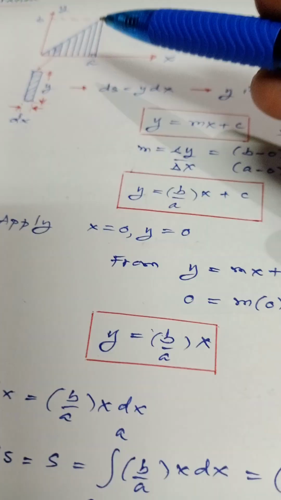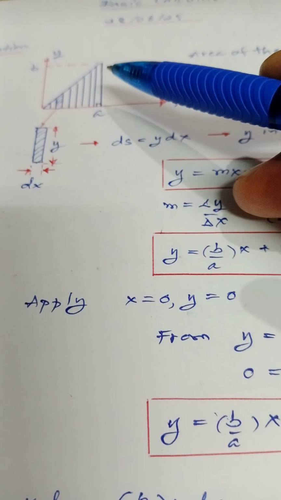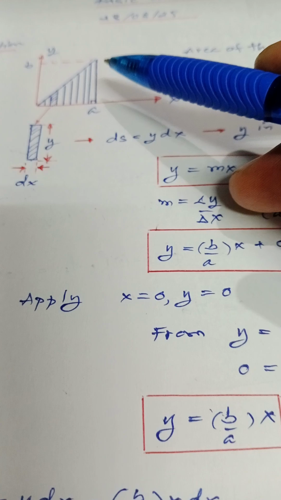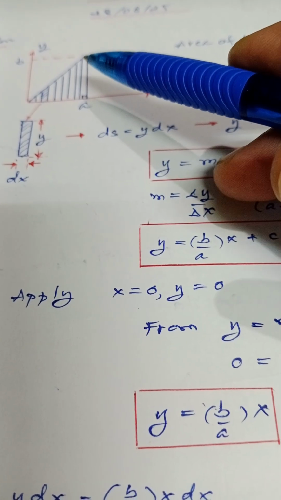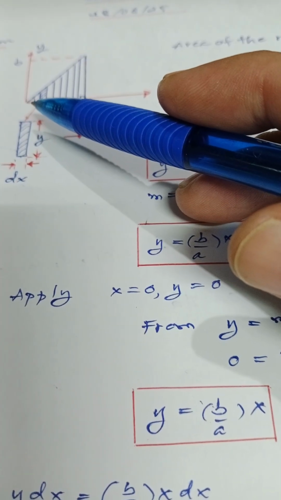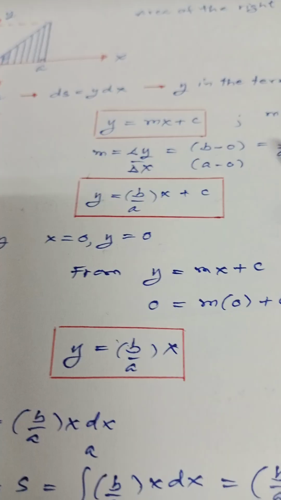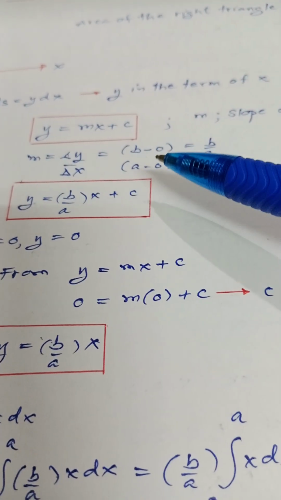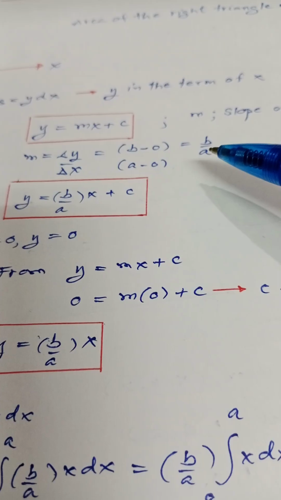In the rectangular coordinates here you have the point (a, b), and at this point you have (0, 0). So your slope is going to be b minus 0 divided by a minus 0, equal to b over a.